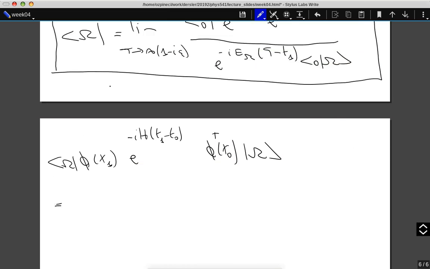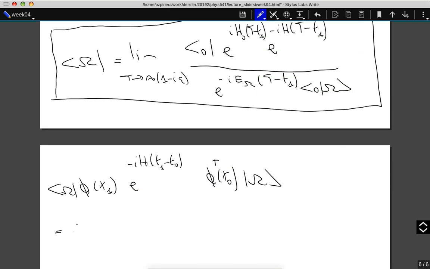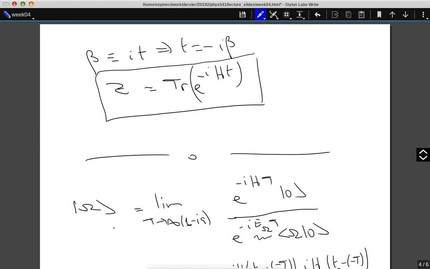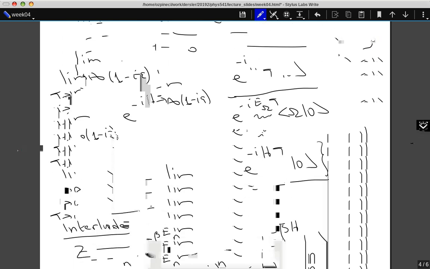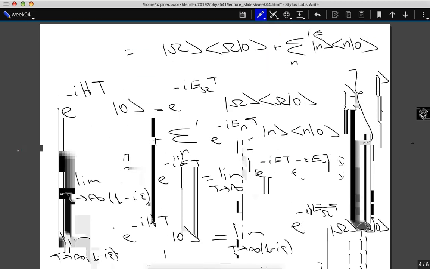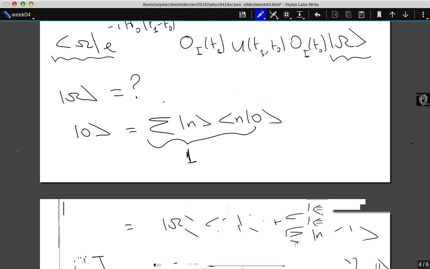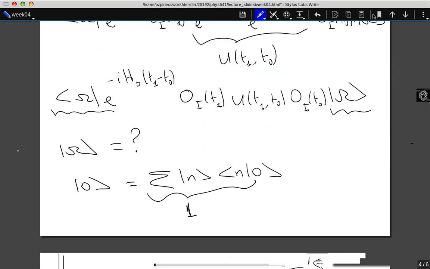And now we have this ket, which is, okay, I will write the limit later on. What we first did was we wrote this ket as, okay, this is the first step we have.